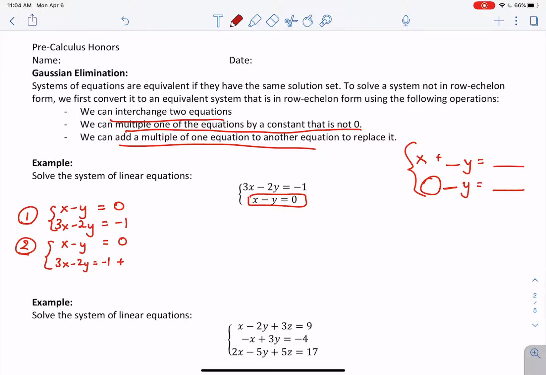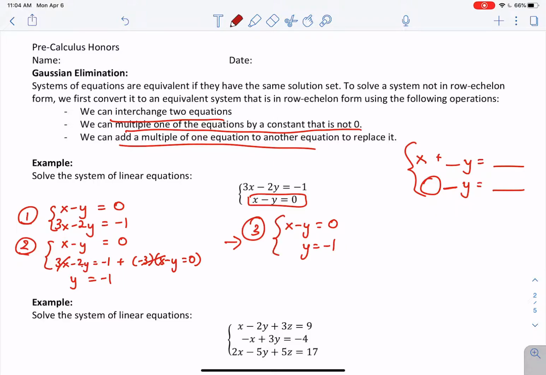I want the 3x to go away, so I'm going to multiply everything in the first equation by -3. That gives -3x, and the 3x cancels. -2y plus 3y would be y. And -1 plus -3 times 0 is still -1. Then I get x minus y equals 0 and y equals -1.